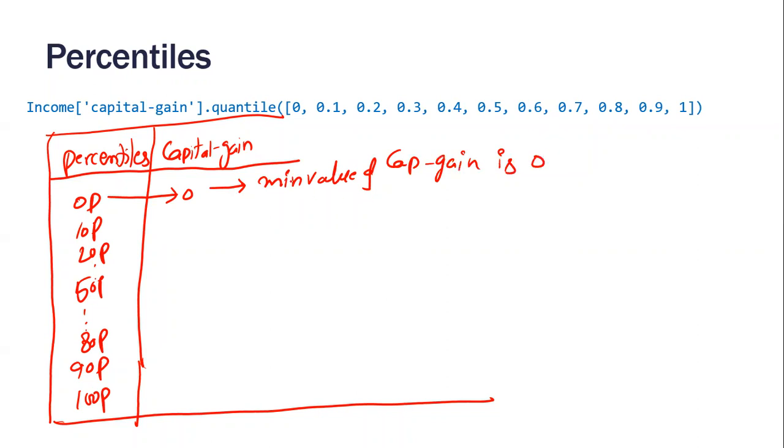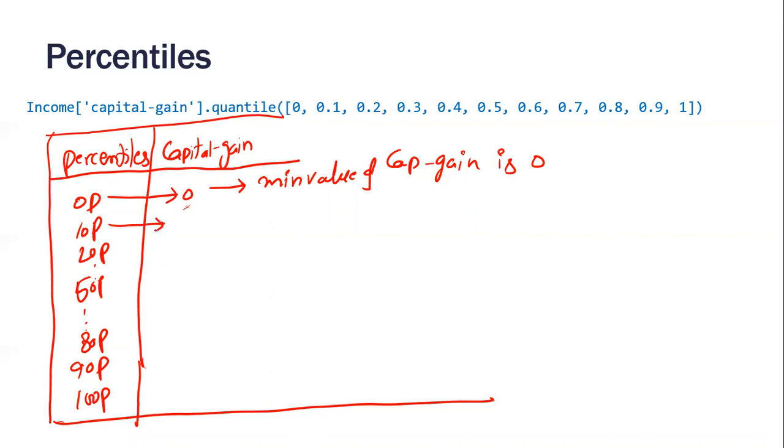There is nothing less than 0. Is that a right statement? When you see 0 percentile, whichever is the variable, it means whatever the value is, that is the minimum value of that variable.